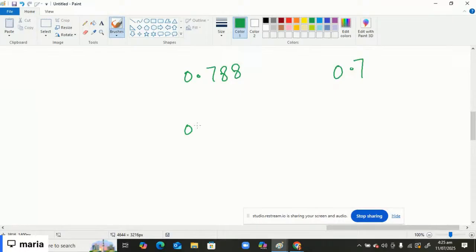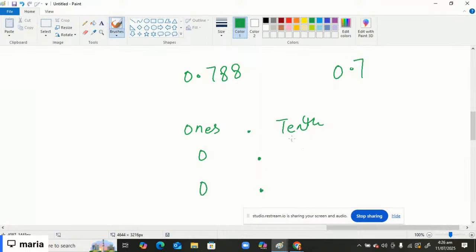Now when we see the chart, this is the ones place and here is tenths. 0 is the same in both of them. Sorry about that, I'm putting the 0 here. 0 is the same in both.